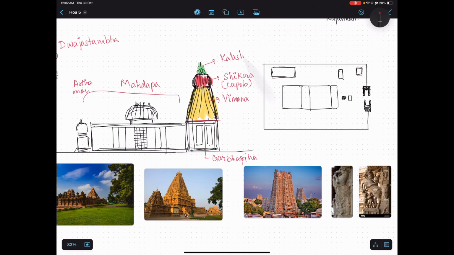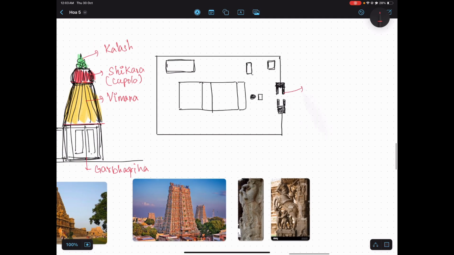So if you see in plan, you have your Gopuram, you have your Bali Pitam, you have your Dvajastamba, this is your Artha Mandapa, this is Mandapa.